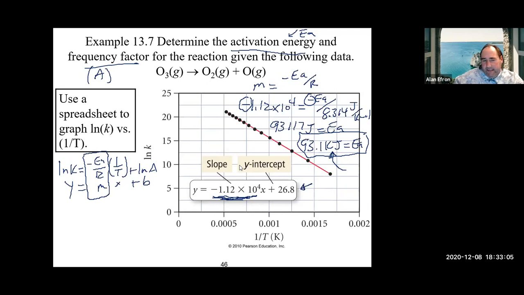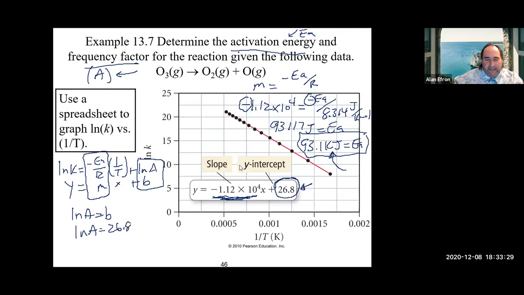Now, the other thing that it's looking for is the frequency factor. So we could also see that the natural log of the frequency factor equals the y-intercept. So the natural log of A equals B. B in this graph here is 26.8. So that means the natural log of A is equal to 26.8.